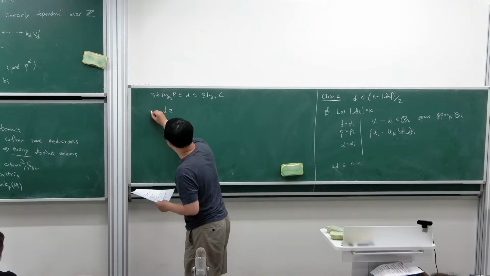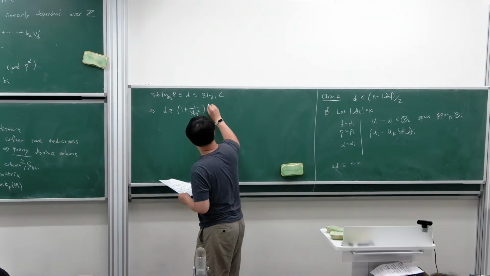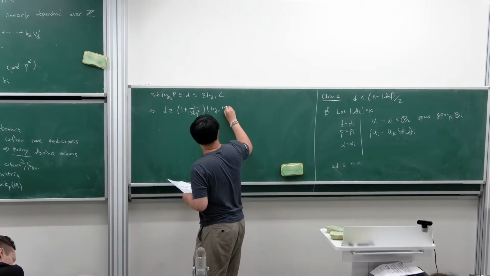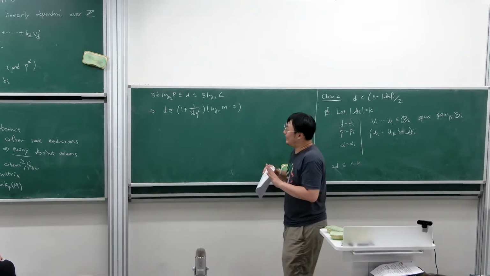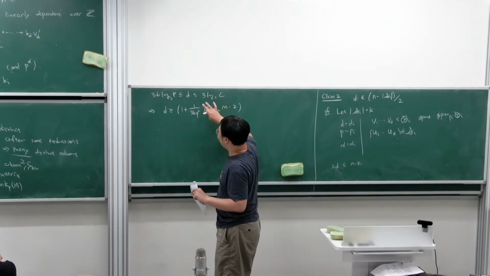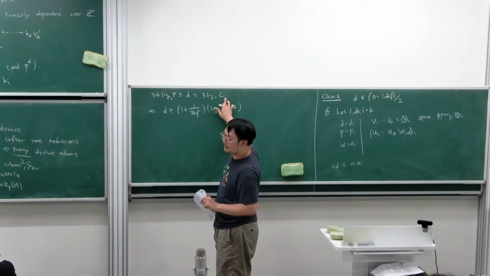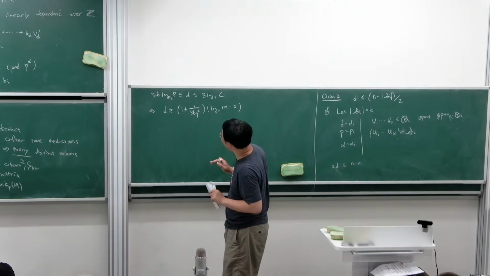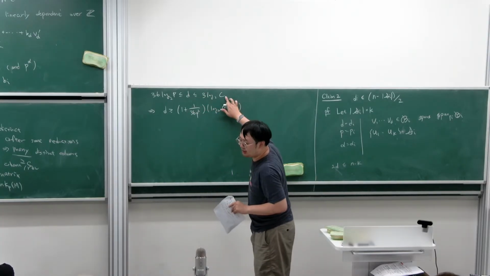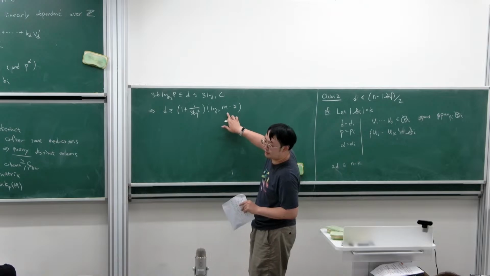So we can prove that this is at least 1 plus 1 over 36 p squared times log 2 of m minus 2. So basically this says that either d will be much larger than the log of c, or d will be larger than expected in the log of m.